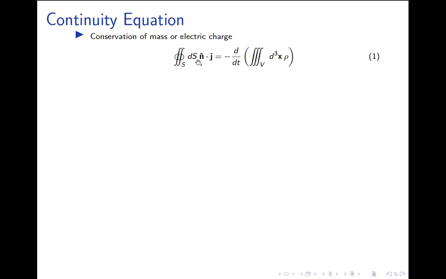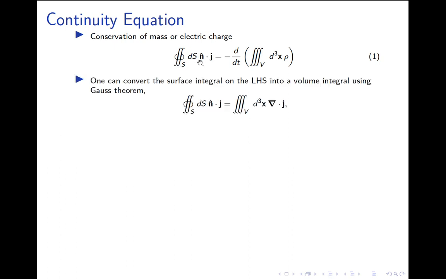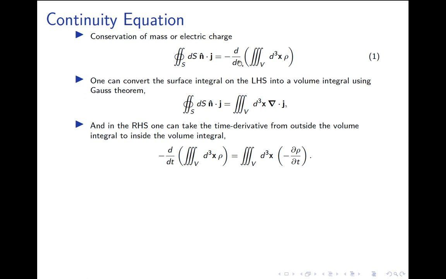And then we used Gauss divergence theorem to convert this closed surface integral into the volume integral of the divergence of this quantity. And then this guy, what we did is we pulled the time derivative inside, and whenever we do that, as I explained in the last class, when you push a total derivative inside a volume integral, you have to convert it into a partial derivative, because you don't want this to affect any of the spatial coordinates.